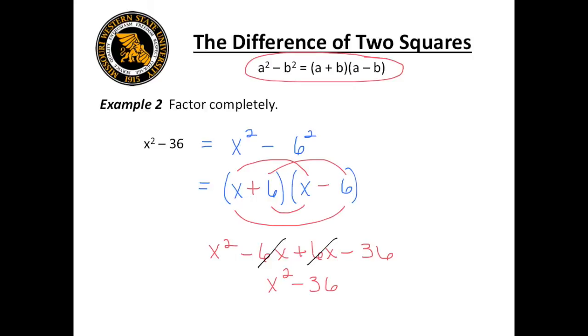So the factored form of the difference of two squares, x squared minus 36, is equal to x plus 6 times x minus 6.